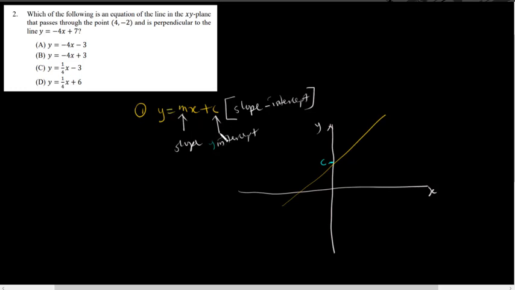So if you are given an equation like this, for example, we have y equals -4x plus 7. You can see that the slope of this line is -4, because if you compare this term by term, we have mx here, then we have -4x here. The coefficient of x here is the constant m, and the coefficient of x here is -4.